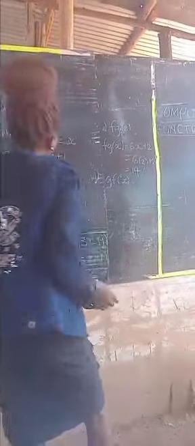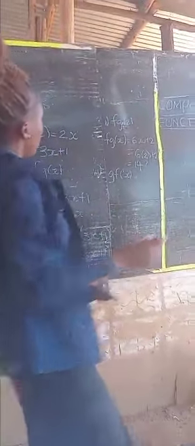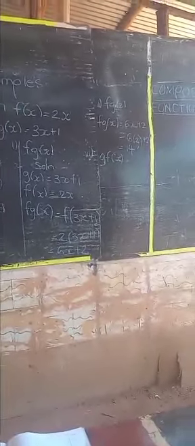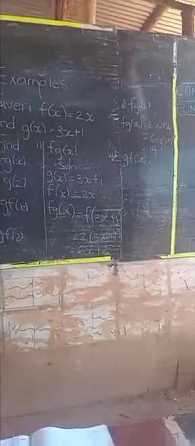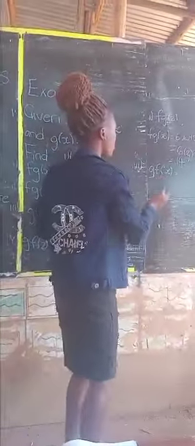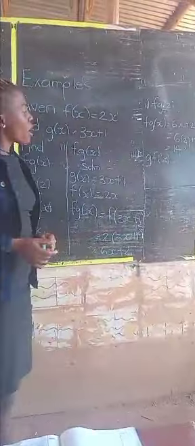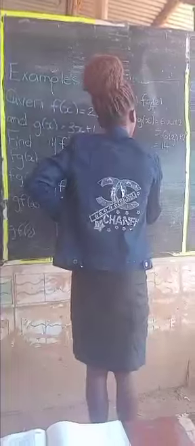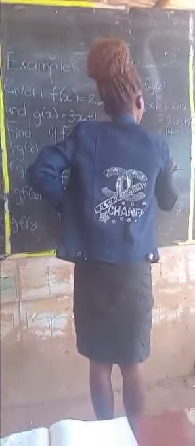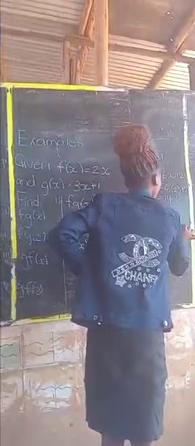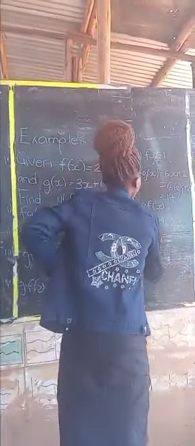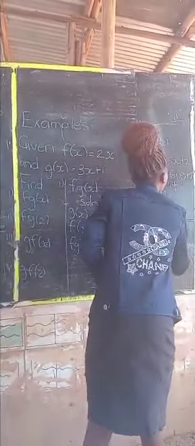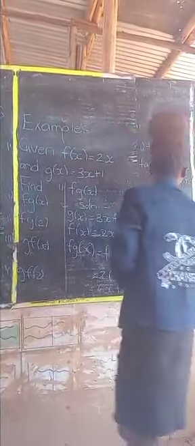Our Roman 3, they have told us to find g(f(x)). In this case, whenever they tell you to find these functions, you have to first identify the inner function and the outer function. For this case, our inner function is f(x) and our outer function is g(x). Our f(x) has been given as 2x and our g(x) is 3x plus 1.